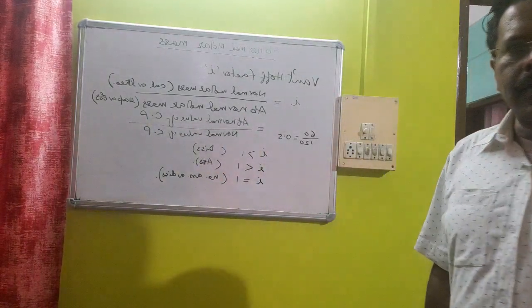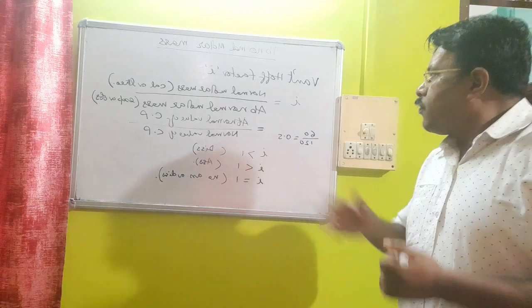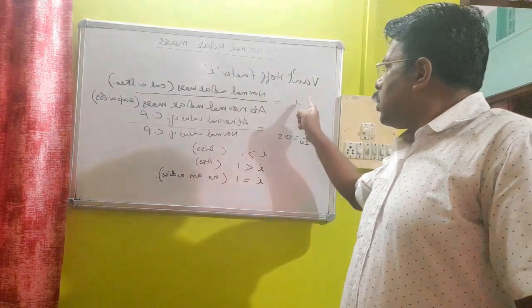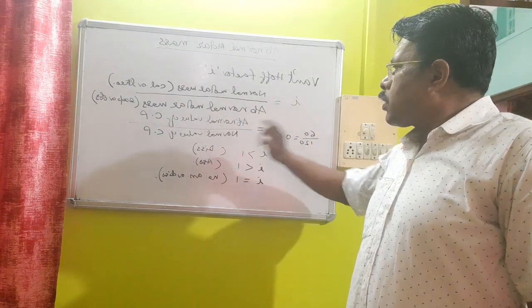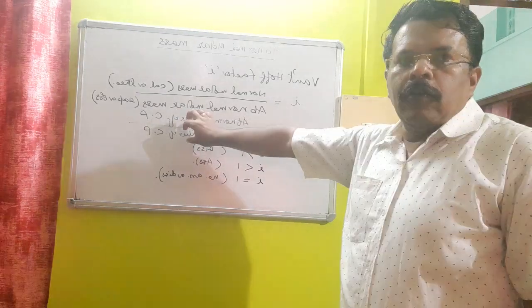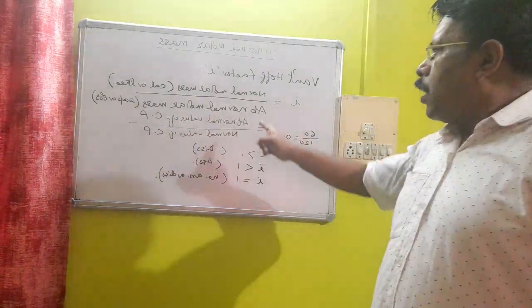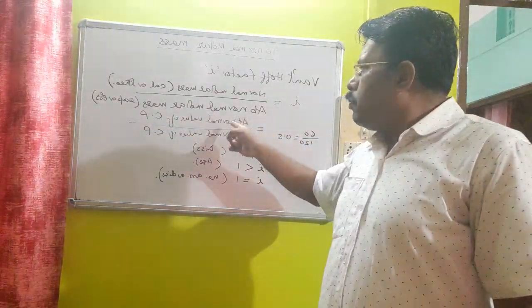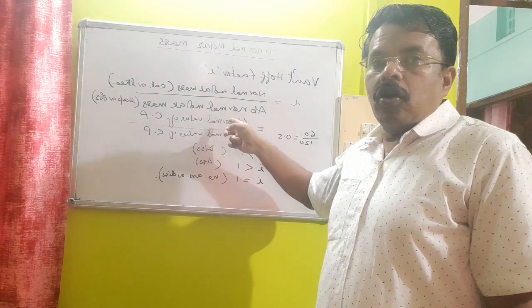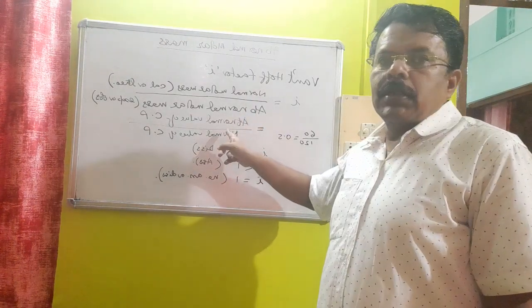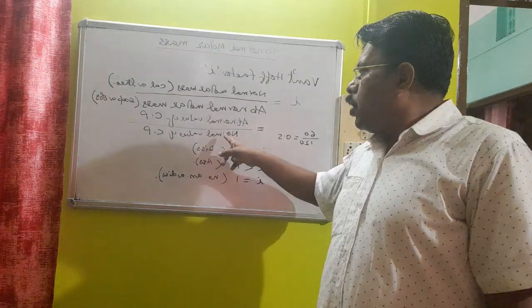So this is Van 't Hoff factor in terms of molar mass, and we can also write Van 't Hoff factor in terms of value of colligative property. As I already said, abnormal means experimental or observed, and normal means theoretical or calculated.